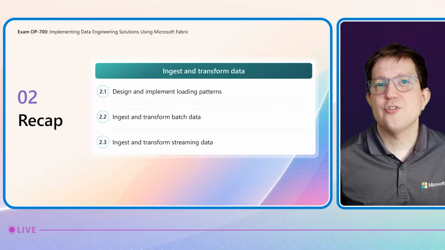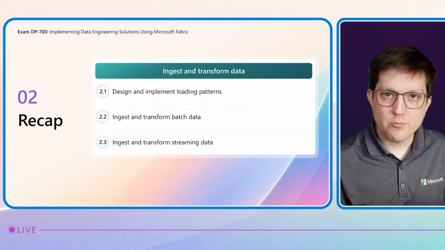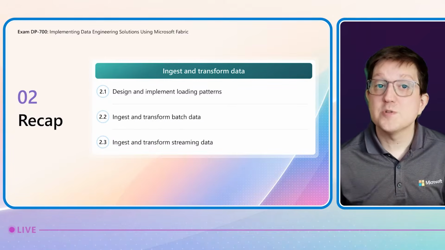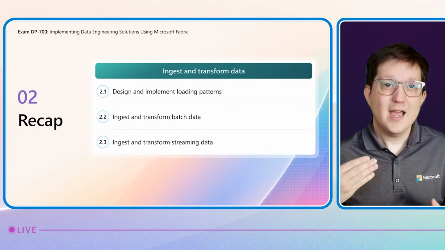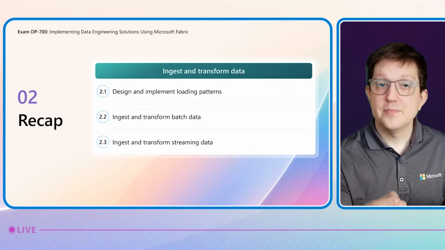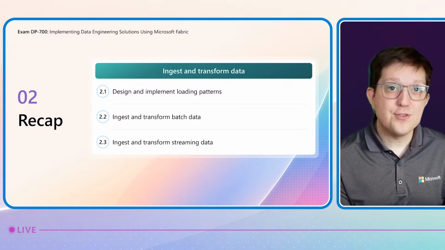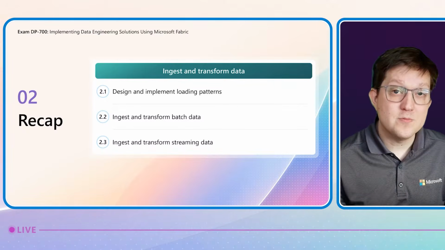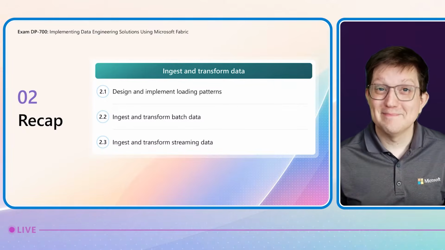And the third thing was ingesting and transforming streaming data. You've got to choose the right engine, choosing the different options that are there, make sure you pick the right thing, and then talking about how to do that transformation effectively. Remember, this section covers that same 30 to 35% of the exam as the other objectives, so don't slouch on it.